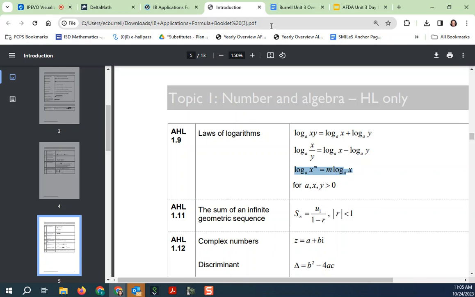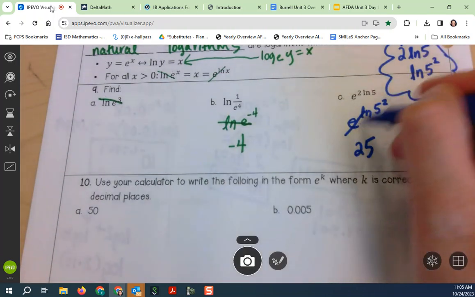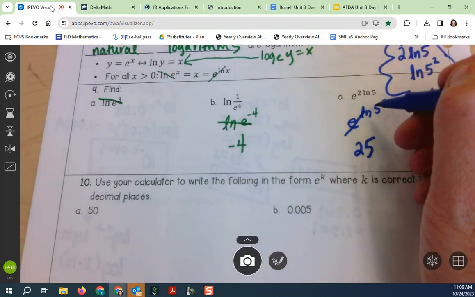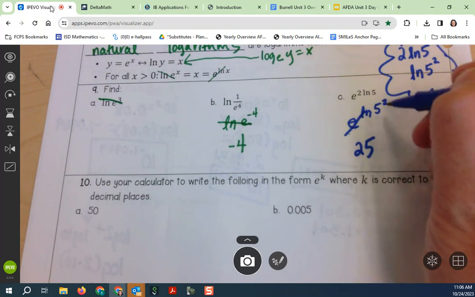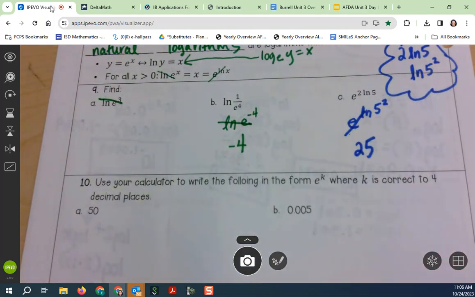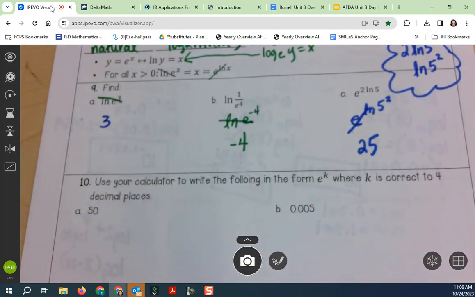But you were asking me about the second step. e to the x and natural log, which is log base e, are inverse functions, and inverse functions undo each other. So the effect of e to the x and the ln cancel out, leaving you with only this 5 squared. That's it. Notice we did that here too: ln and e canceled out, so we just get 3 for this one.